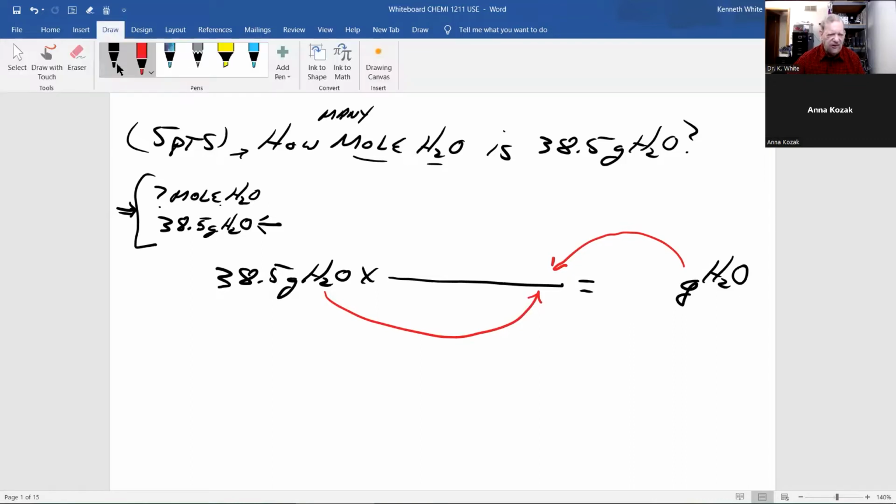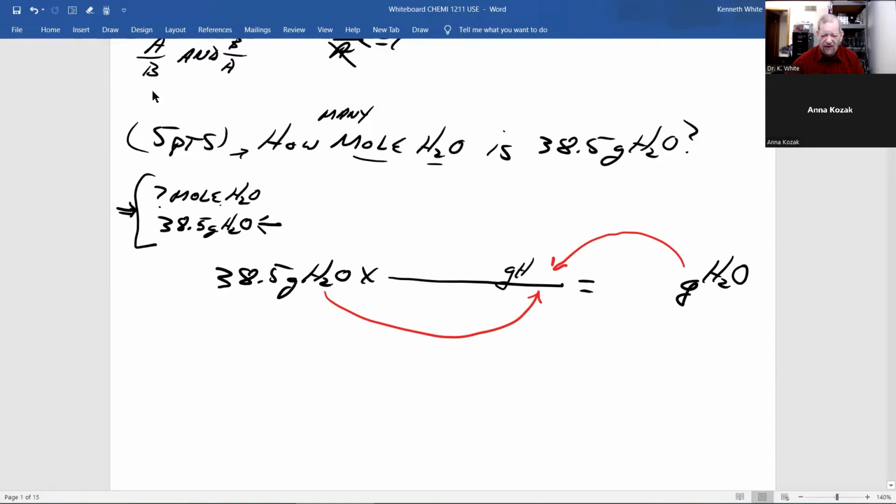And I'm talking about the units. So I'm going to write those in. Grams of water, moles of water. And now the question is, where do I find a relationship between moles of water and grams of water?